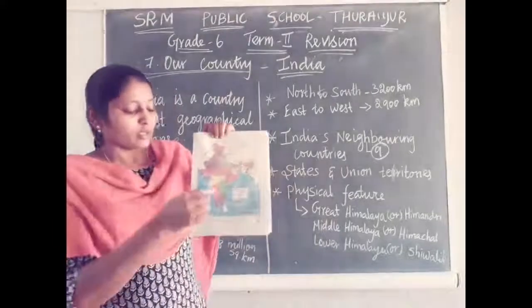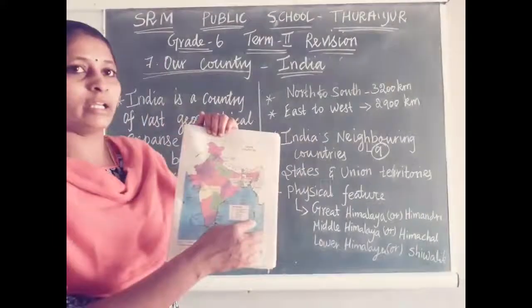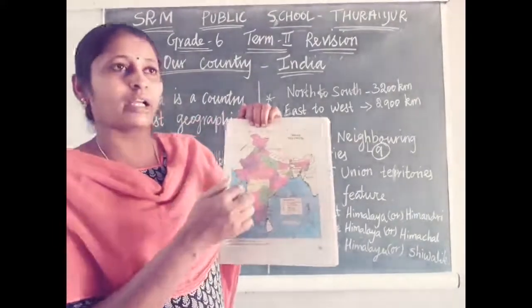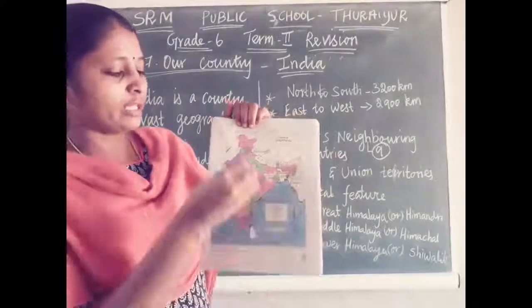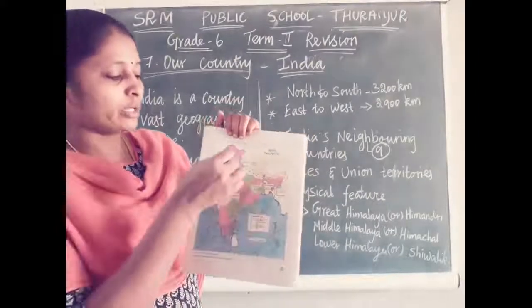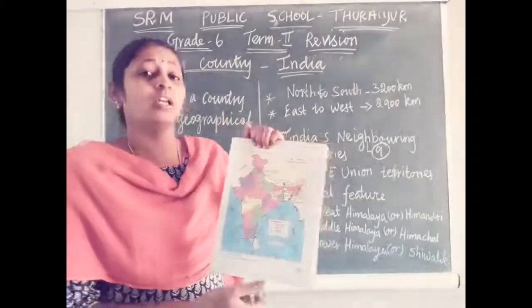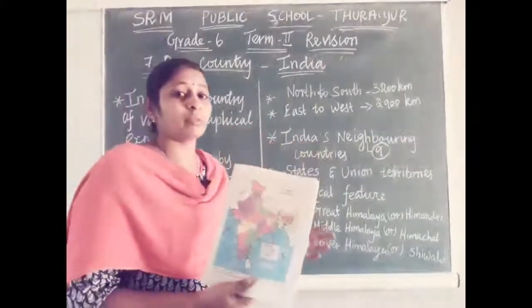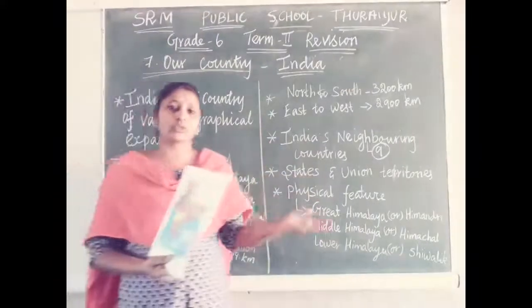So: Lakshadweep, Puducherry, Andaman and Nicobar Islands, Dadra and Nagar Haveli and Daman and Diu 4, Delhi 5, Chandigarh 6, Ladakh 7, Jammu and Kashmir 8. They are declared as two separate union territories.